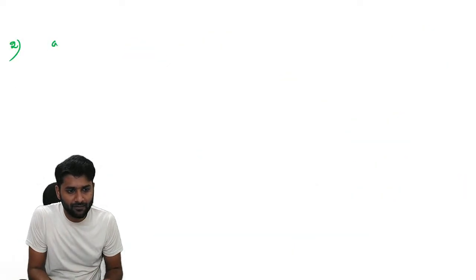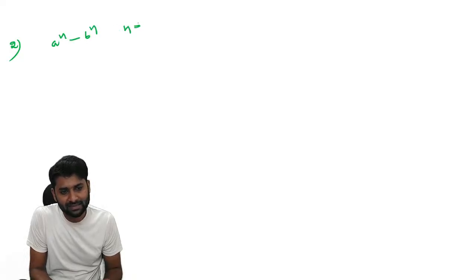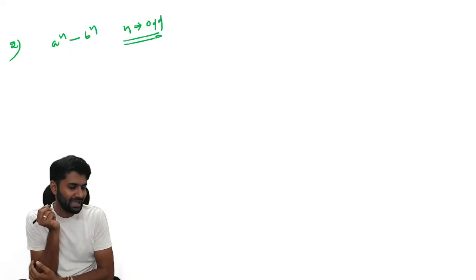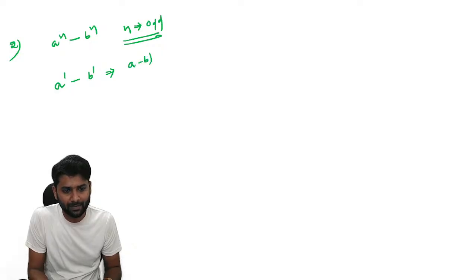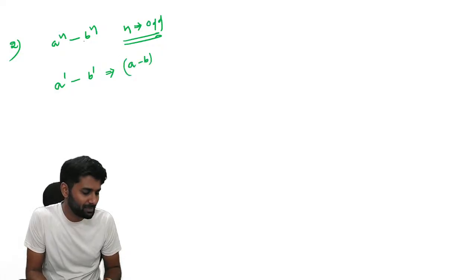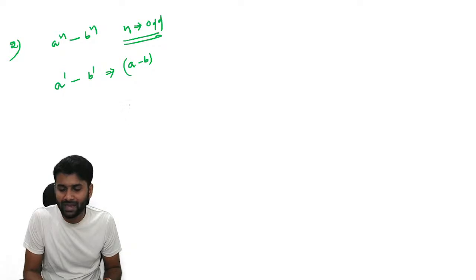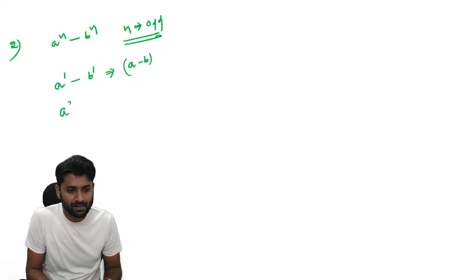Let's go for case number 2. If a power n minus b power n, let us consider n is odd. First case, a power 1 minus b power 1. It means a power n minus b power n is always divisible by a minus b. So let us consider another case, a cube minus b cube.